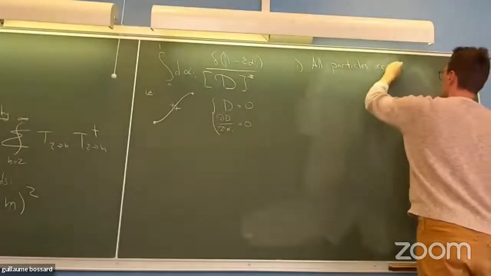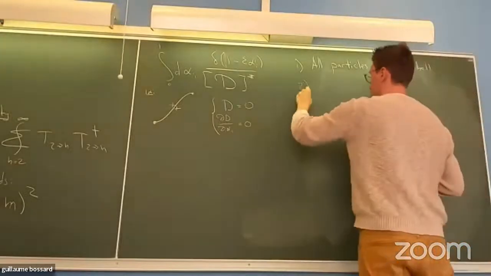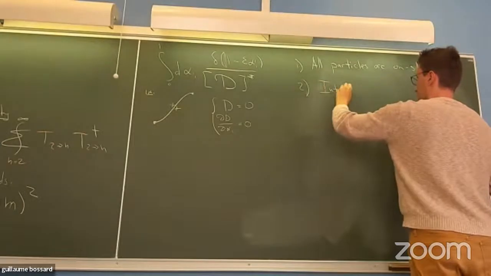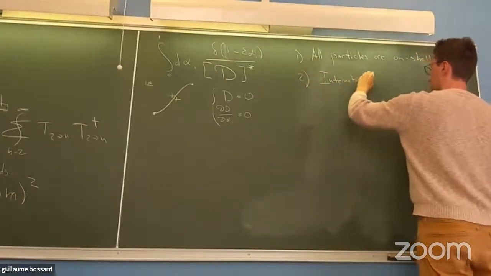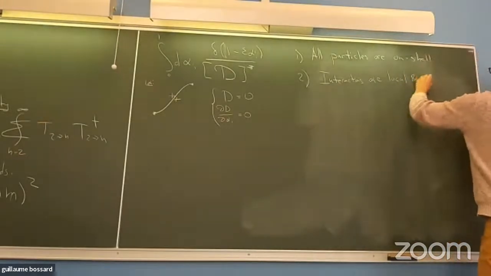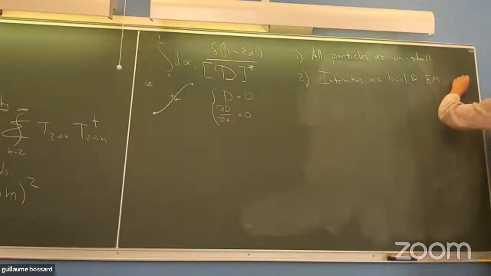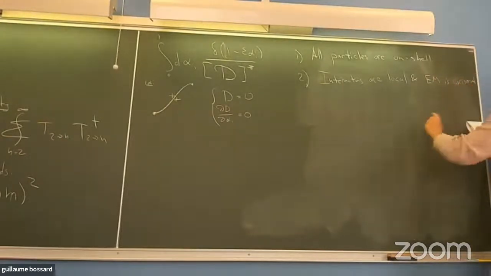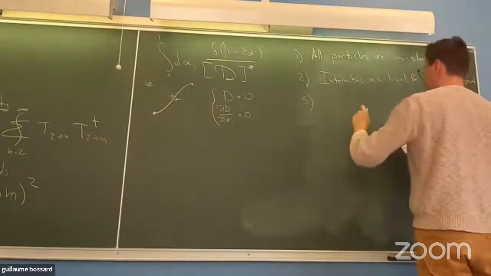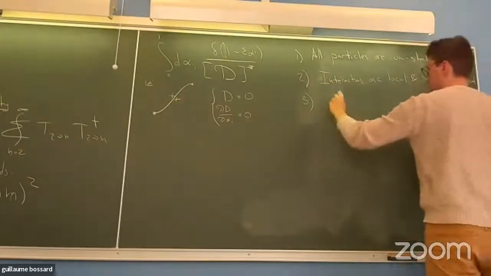Then you impose, first, that all particles are on shell; second, that interactions are local, and energy momentum is conserved at every vertex. And finally, you assign to each particle, which is on shell, some space-time interval.